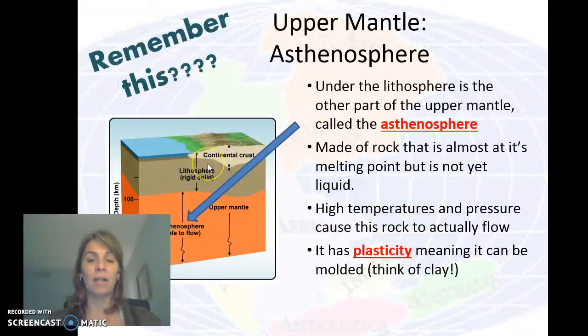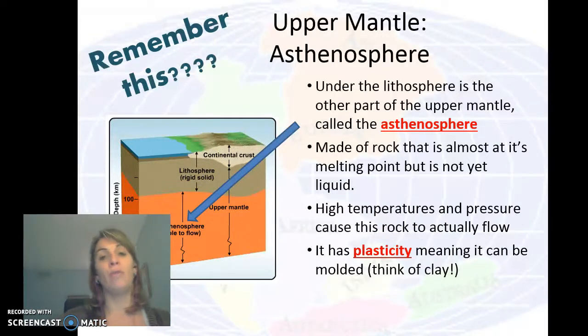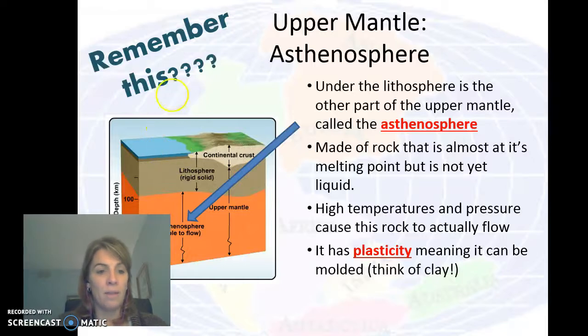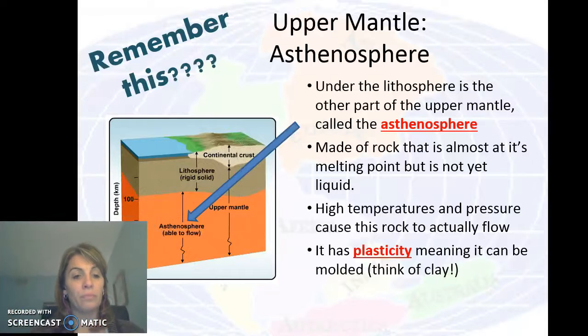This is actually a slide from the second lesson in Unit 4. I wanted to put this on here so that you guys could remember the information that we reviewed when we talked about the layers of the Earth. So remember the asthenosphere.